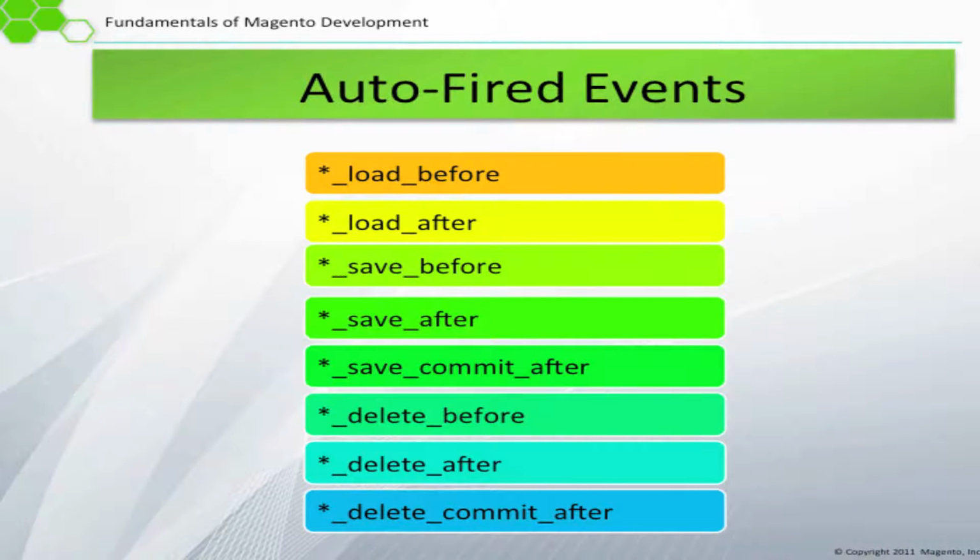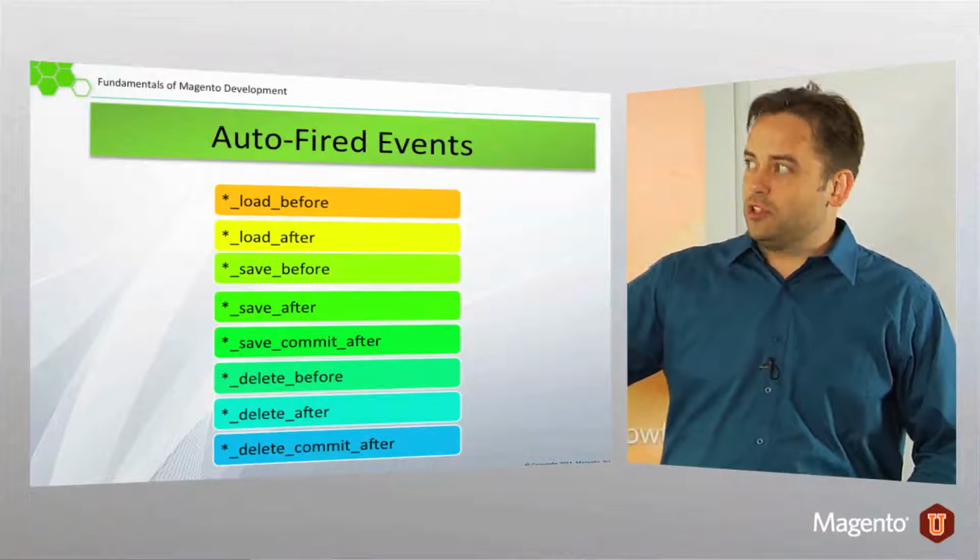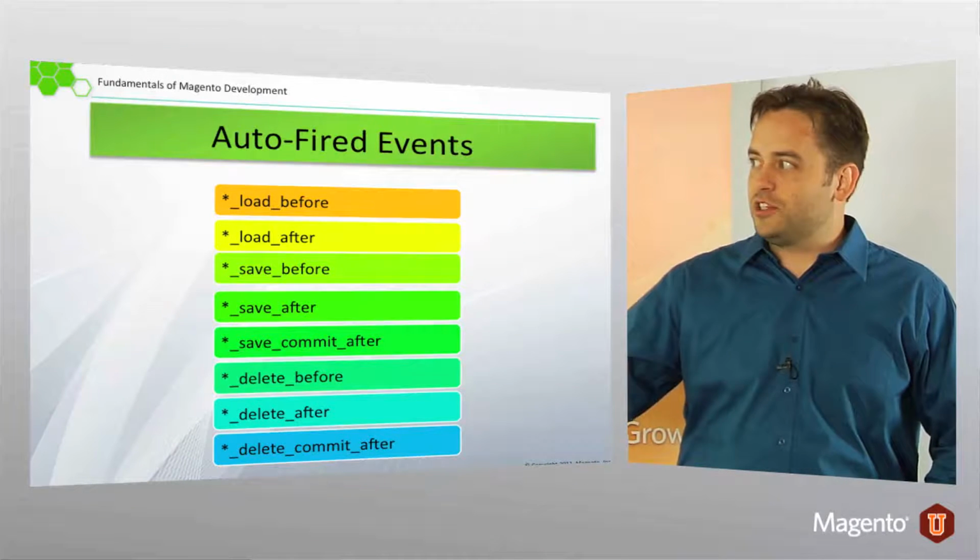Here's a list. So, for example, if I have identified my string as bend_first, and I have this model bend_first, well, it would be bend_first_load_before, bend_first_load_after, bend_first_save_before.